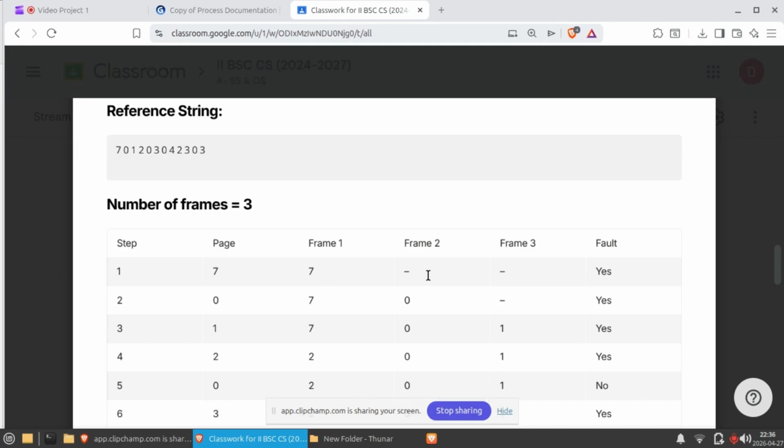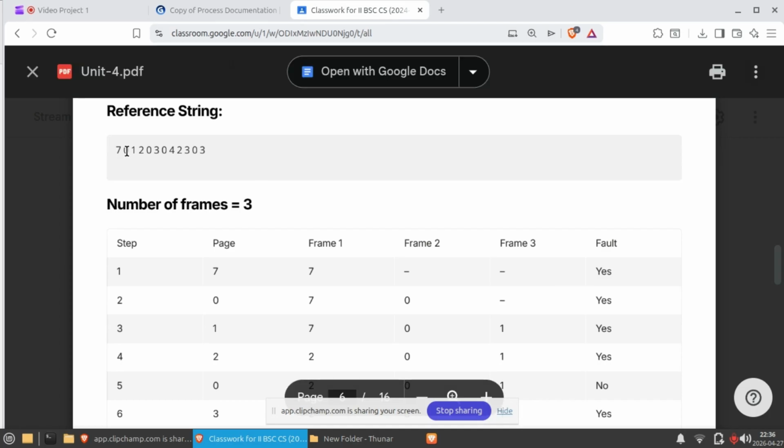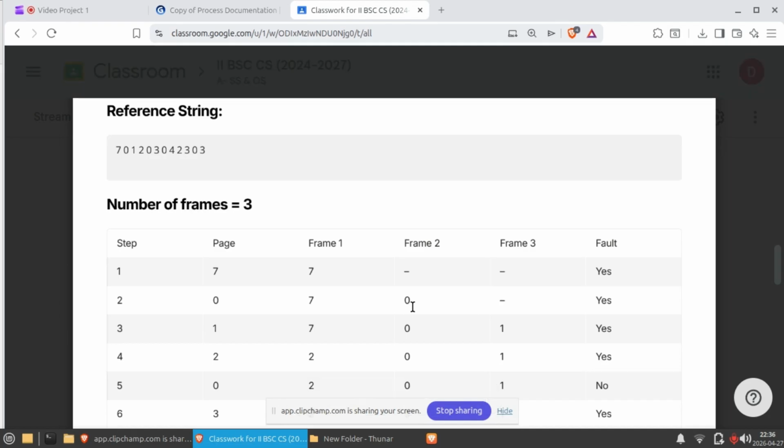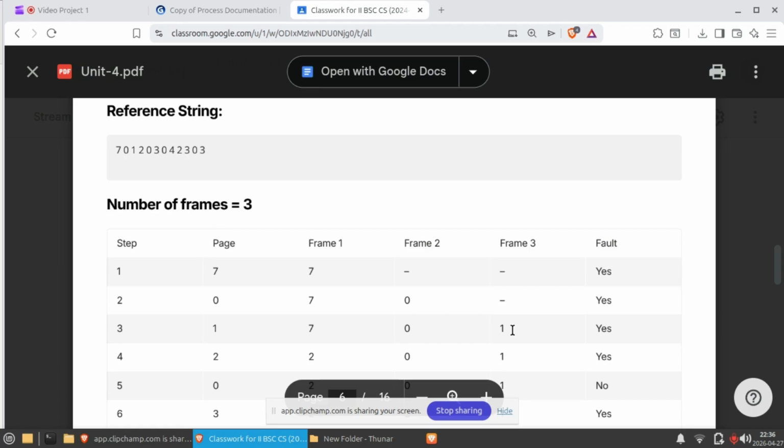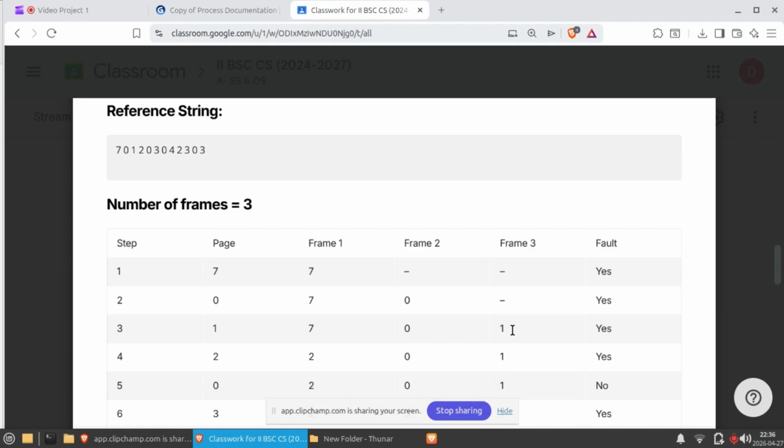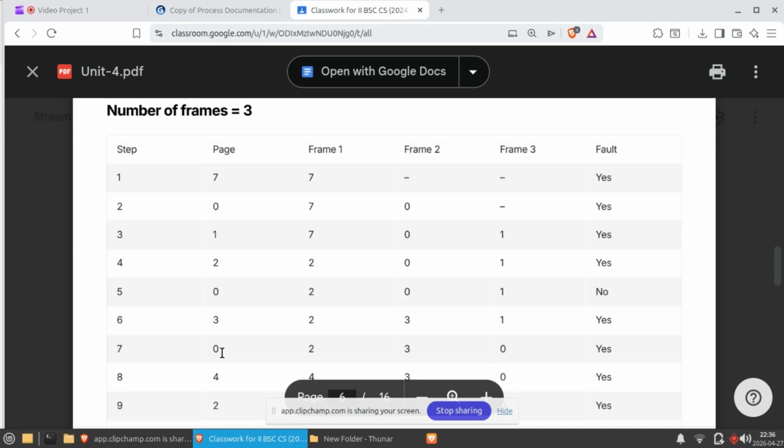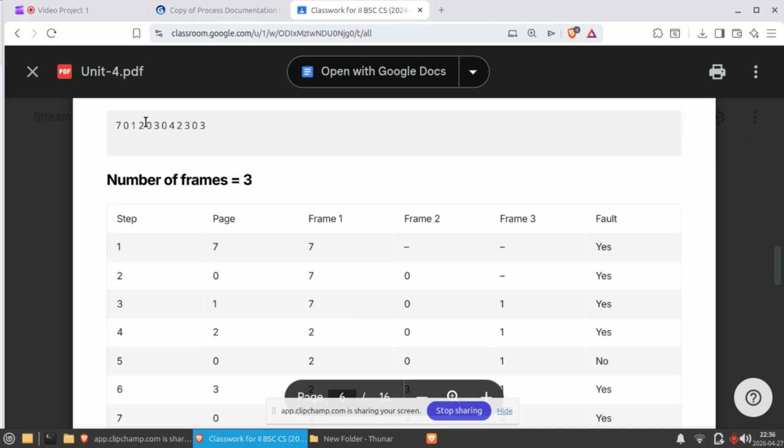Frame two and frame three are nil. Then the second page is zero, so seven, zero. Frame two is occupied by page zero. Then one occupies frame three. Fault is yes.